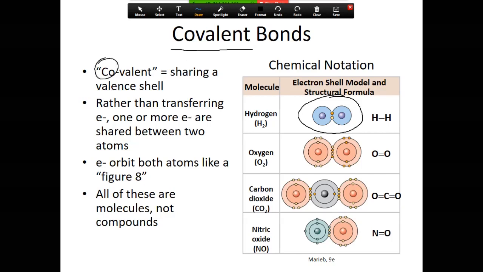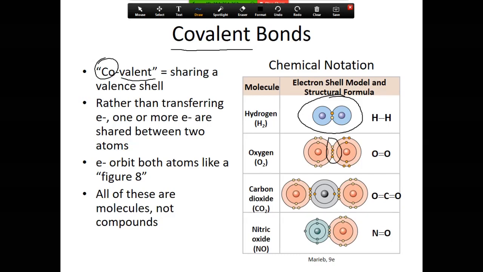Okay, co means with or together, and valent as in the valence shell. So what you have are two atoms that share electrons together so they both can reach their valence shell. Other examples that you see here, oxygen. When you put two oxygen atoms together, they actually can share two pair of electrons.